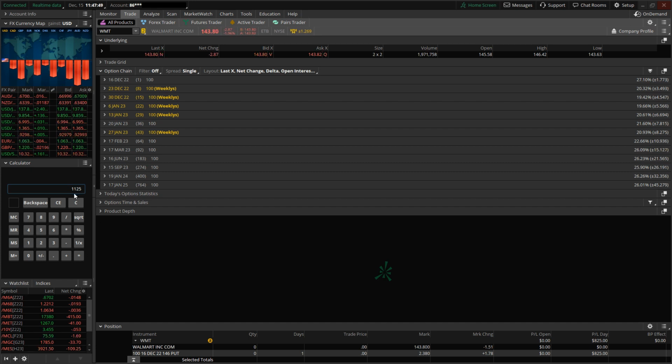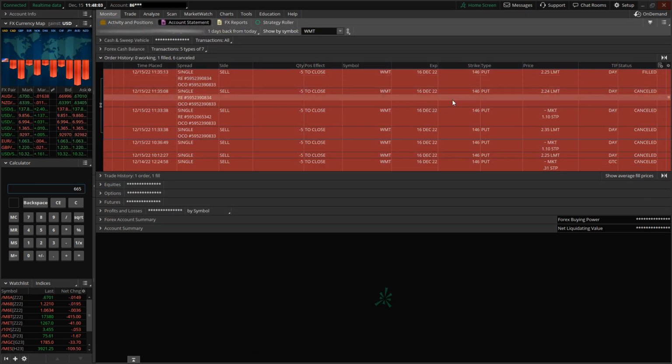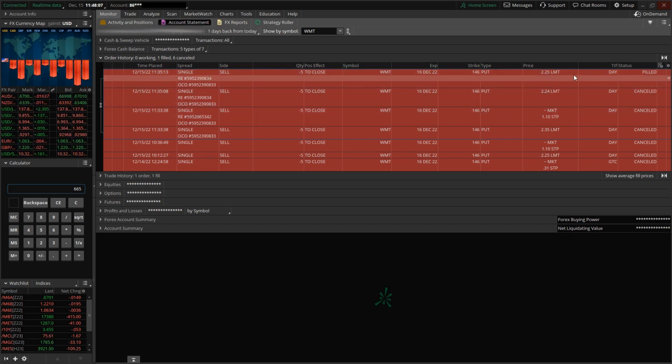So the P&L is showing $1,125, but if I subtract the $460 that I used to get into the trade, overall profit was $665. And if I click on the monitor tab, here's my exit price of $225. So this was the filled order.